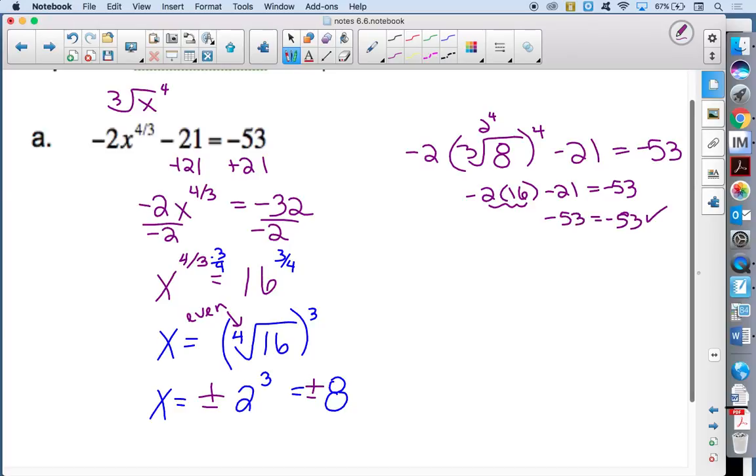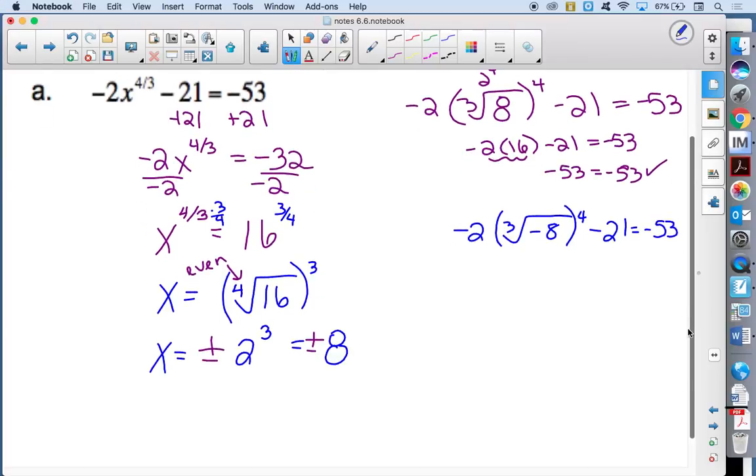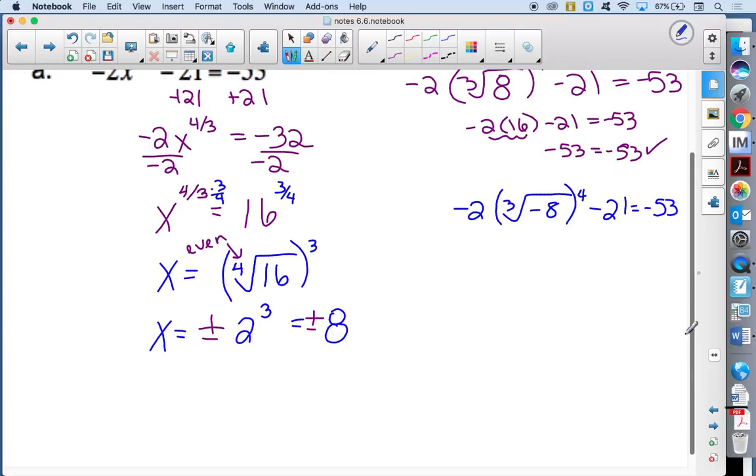So 8 is a solution. It works when you plug in an 8. If we quickly try and plug in a -8, so the cube root of -8 is -2, but any number to an even power makes it positive.